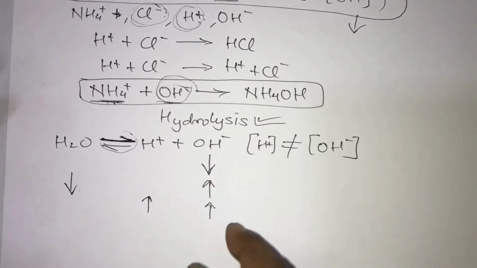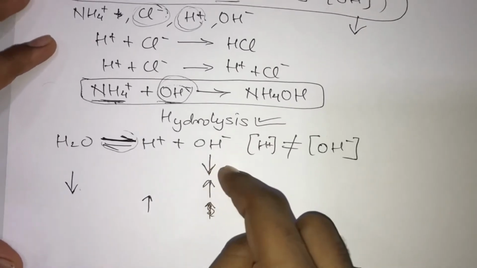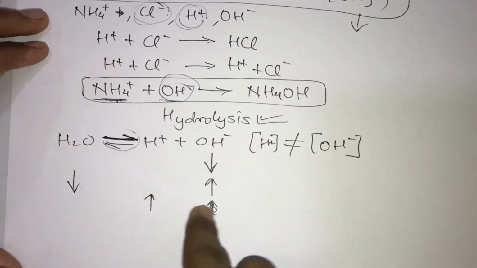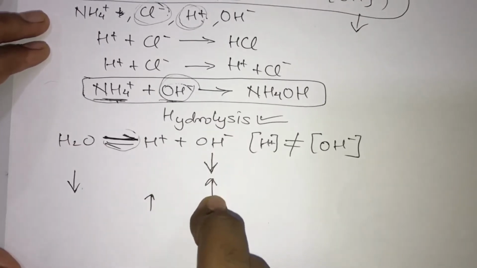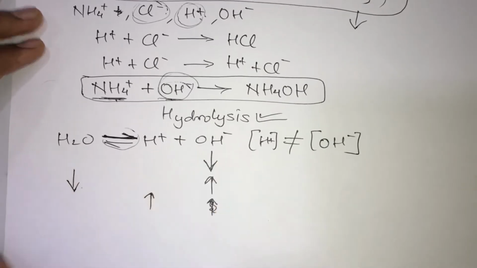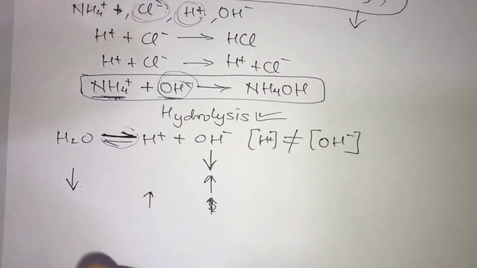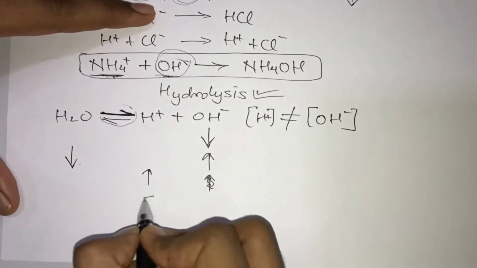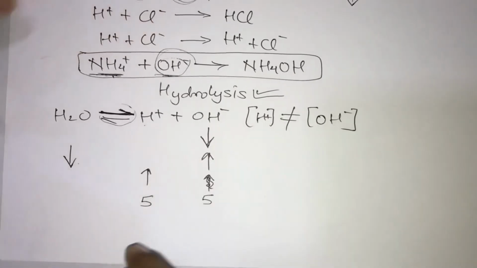So in this way, if you decrease the OH- concentration due to hydrolysis, the reaction will again try to increase the concentration, by converting H2O to H+ and OH-. But guys, observe one thing over here: let's say that initially H+ was 5 moles and OH- was 5 moles.